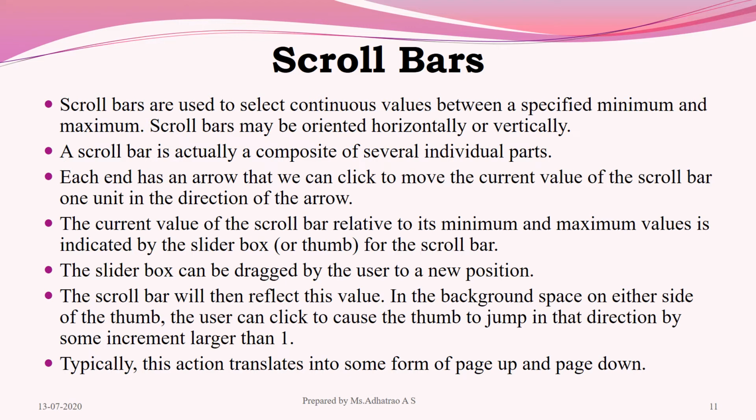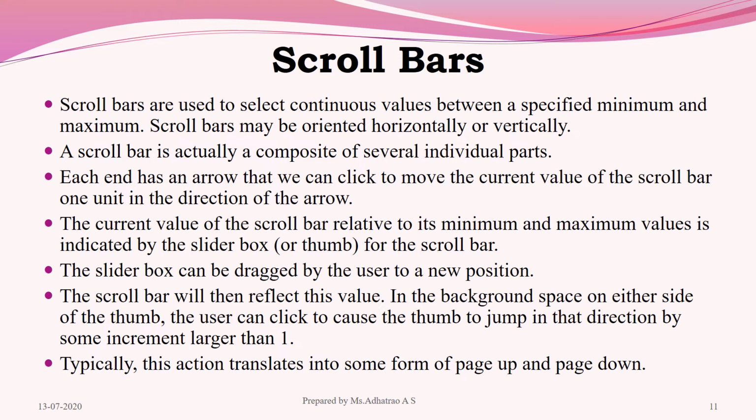The current value of the scroll bar relative to its minimum and maximum values is indicated by the slider box for the scroll bar. The slider box can be dragged by the user to a new position. The scroll bar will then reflect this value.